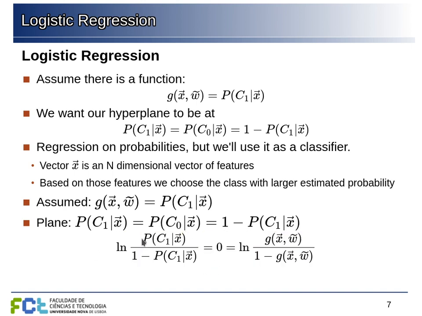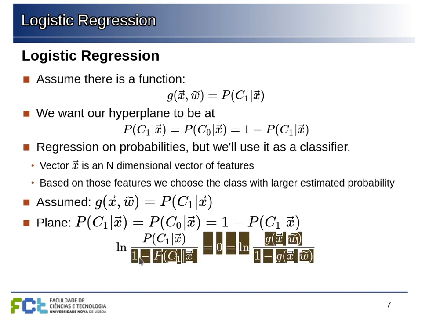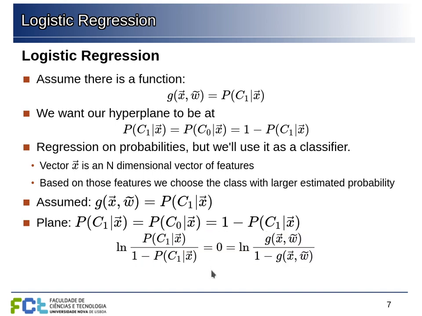So at the position of the plane where we will place the plane, the logarithm of the proportion, the probability of belonging to class 1 over 1 minus the probability of belonging to class 1, which is the probability of belonging to class 0, will be 0 because this will be 0.5 and this will be 0.5 here below at the position we want the plane to be placed.